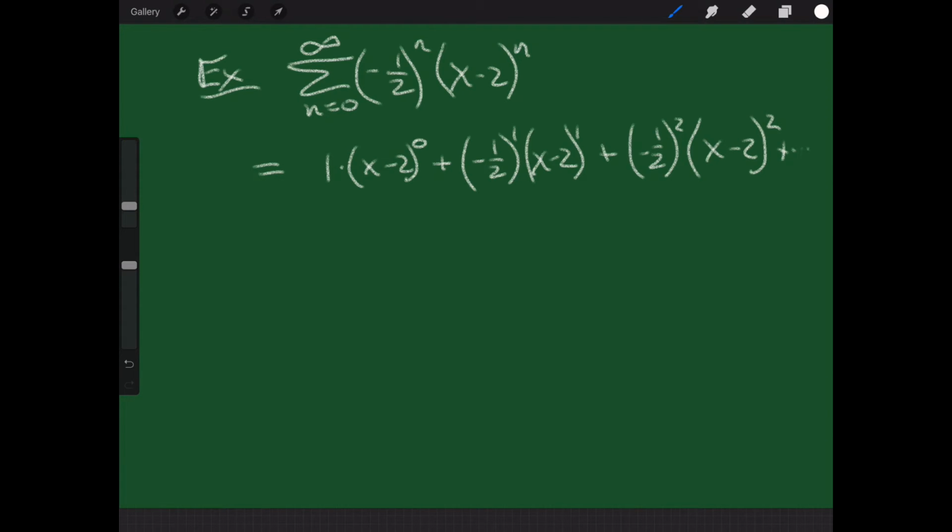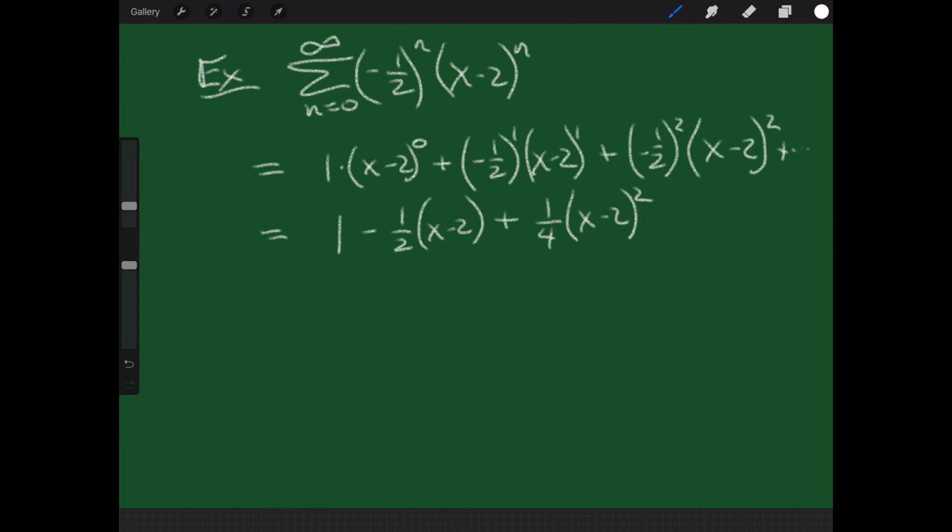Okay, so let me rewrite this a little bit. I've got x minus 2 to the 0 power. That's just 1. Then I've got negative 1/2 to the first times x minus 2, which is minus 1/2 times x minus 2. Then I've got plus 1/4 times x minus 2 squared.